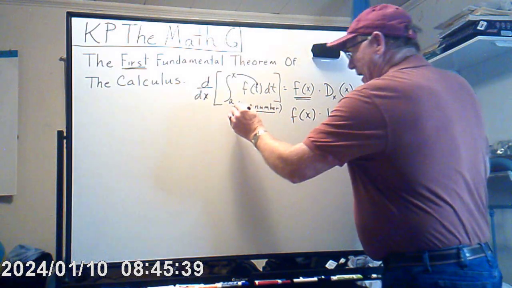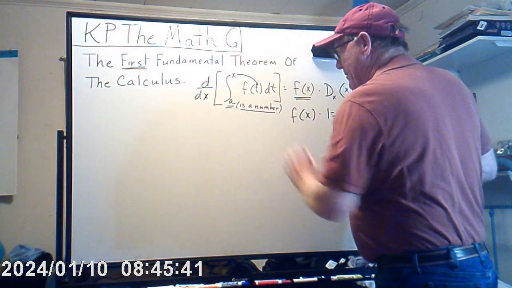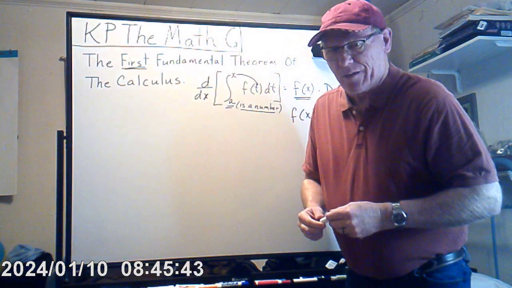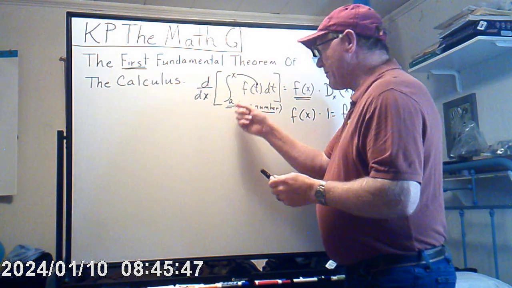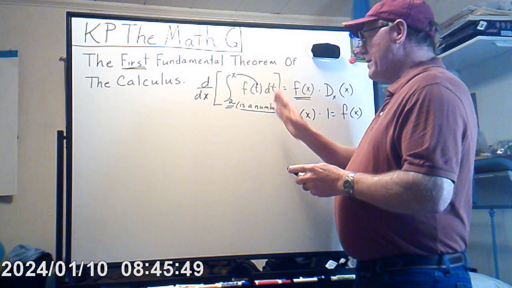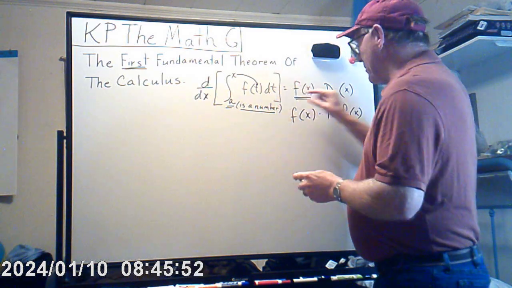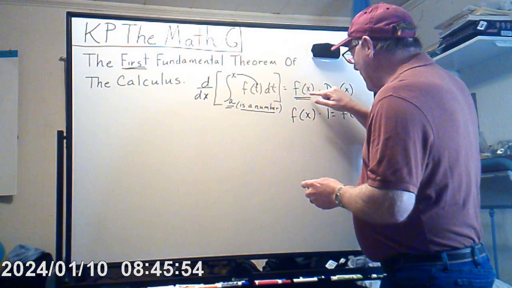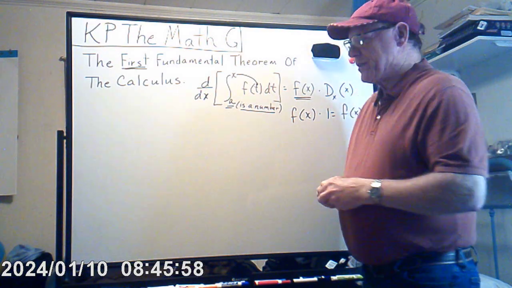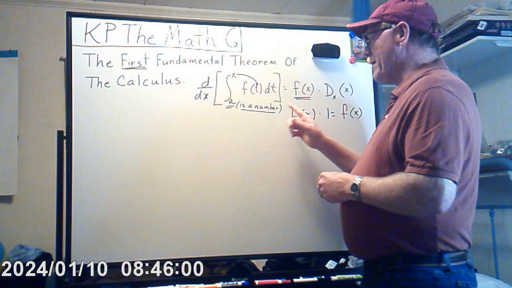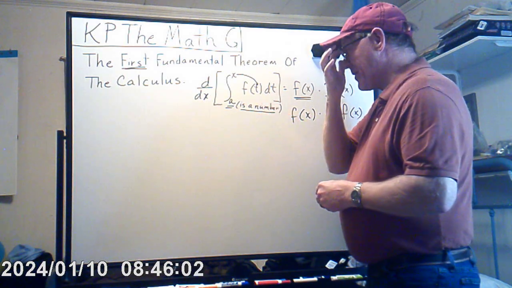We don't really ignore it, but we kind of do, simply because the derivative of a constant is 0, so we just take the variable and then take the derivative of what's inside here. That's going to be important that we understand throughout the lesson.